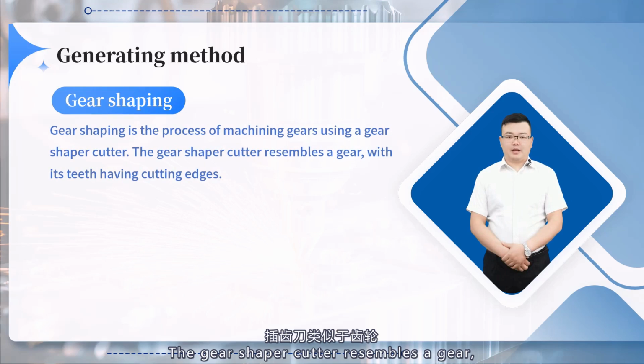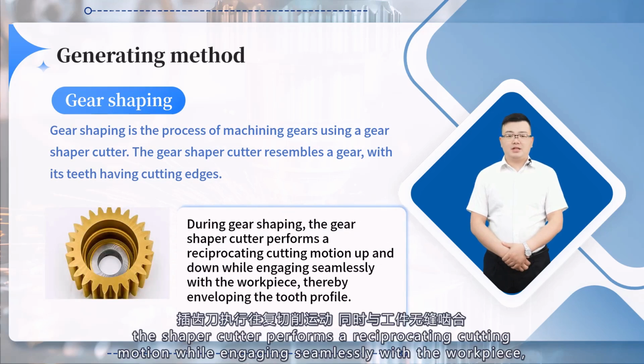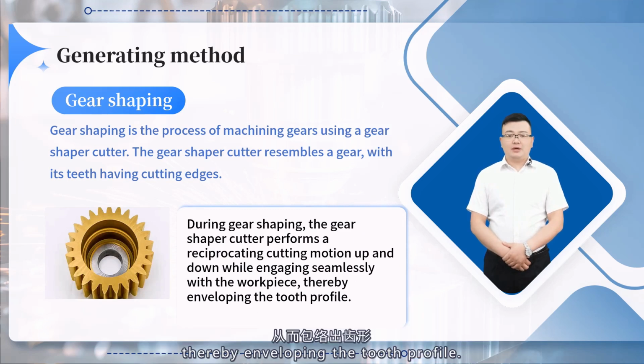Gear shaping is performed using a gear shaper cutter. The gear shaper cutter resembles a gear with its teeth having cutting edges. During gear shaping, the shaper cutter performs a reciprocating cutting motion while engaging seamlessly with the workpiece, thereby enveloping the tooth profile.